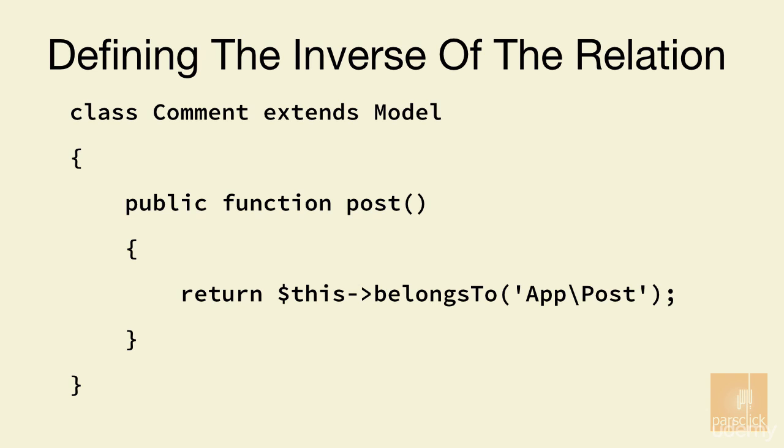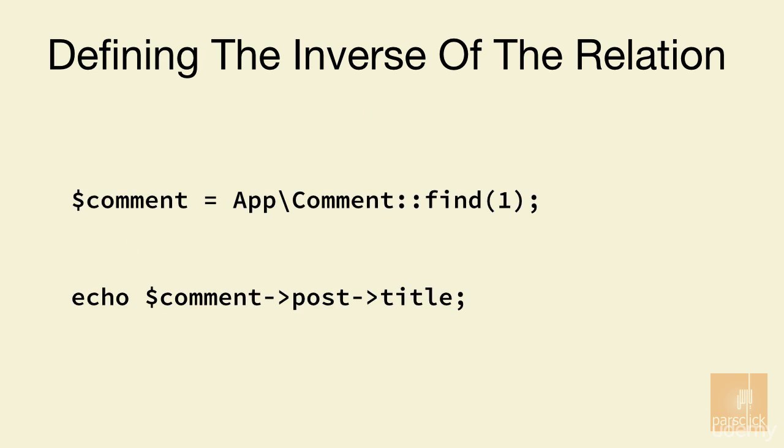Once the relationship has been defined, we can retrieve the post model for the comment by accessing the post dynamic property. In this example, you can see that I find the first comment by the find method, putting the ID number inside the parentheses as an argument, and echo its post title.